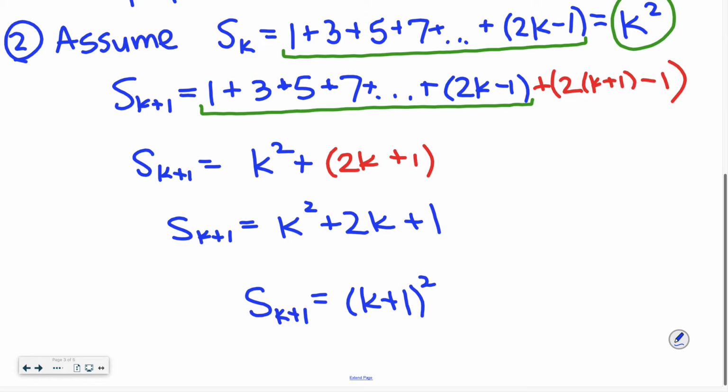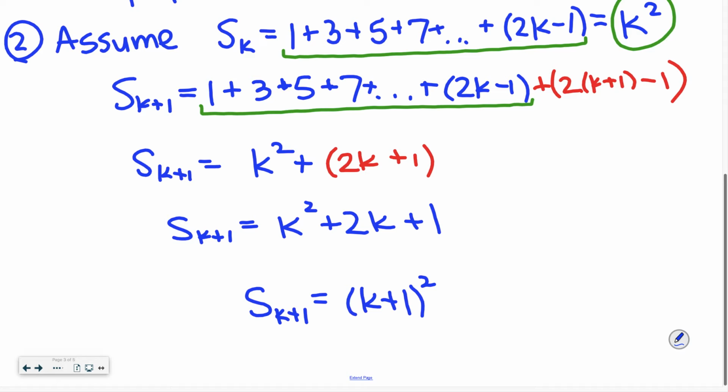And your algebra should work out every time. But you basically need to finagle your algebra until you get to that k plus 1, the piece of k plus 1 like we were doing in our homework. Okay.